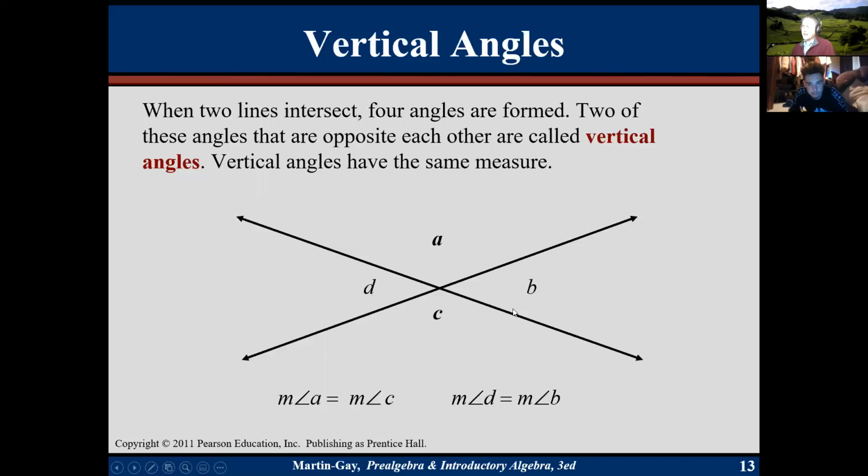And that is a classic geometry proof that I'm not going to go through, but if you take geometry, they will prove that A is equal to C and D is equal to B. It's a classic geometry proof that vertical angles are the same for two intersecting lines.